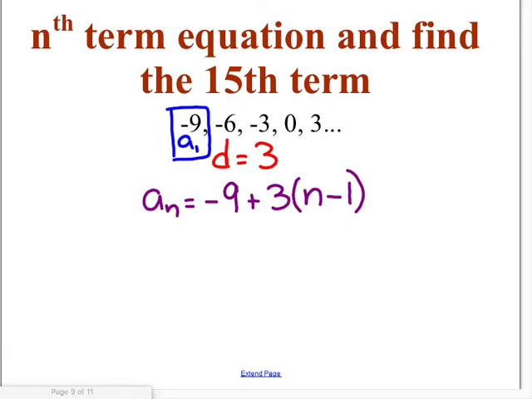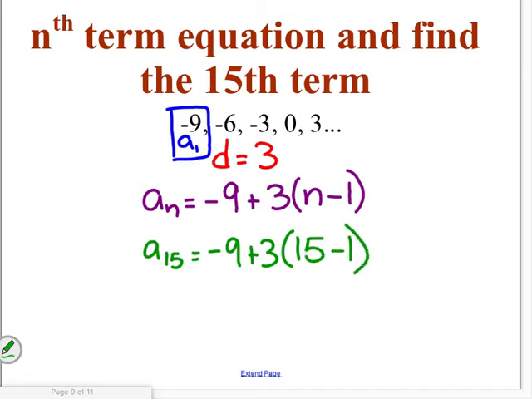The next thing it asks us to do is find the 15th term. So we would say A15, because that's the number we want, is equal to our first term plus our common difference, and then we want the 15th term, and the rest of the equation is minus 1. You can plug this all into your calculator at once, plugging in negative 9 plus 3 in parentheses, 15 minus 1. That will not work if you forget the parentheses.